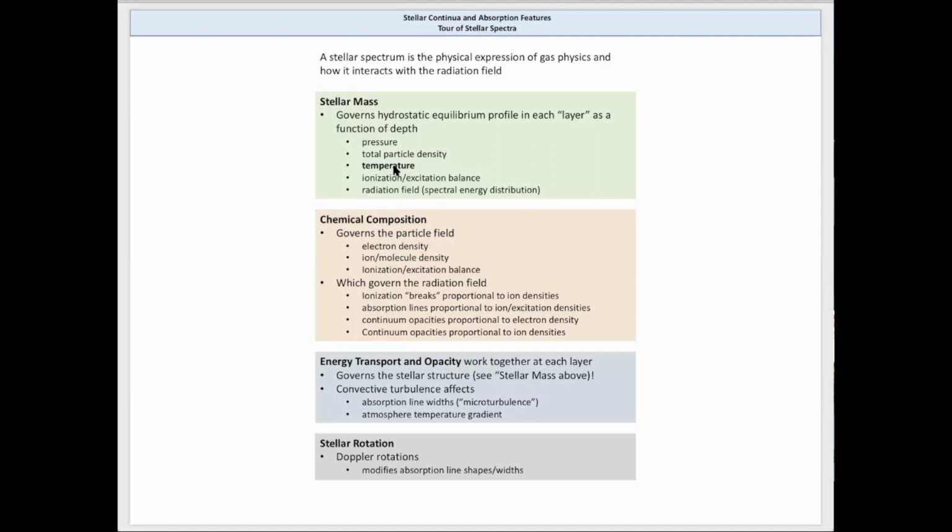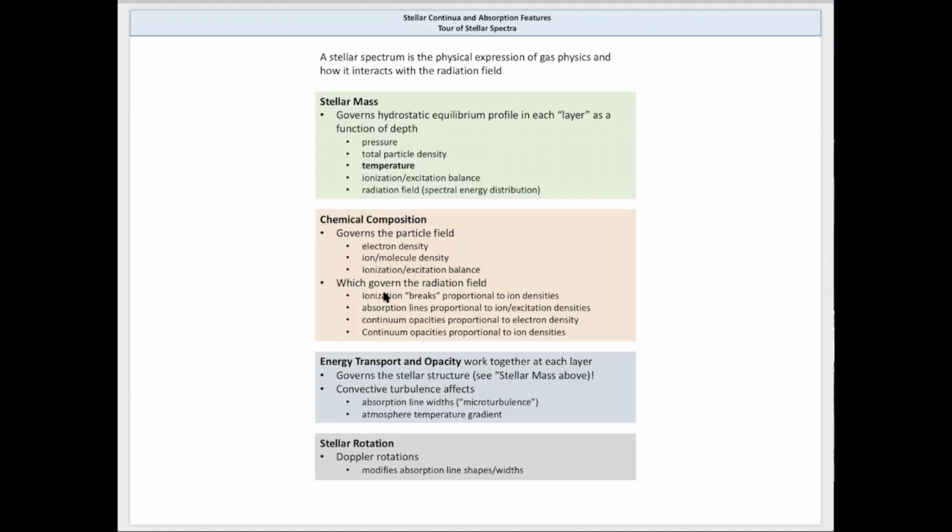And the ionizations and excitations tell you how many free electrons are in the gas. And that tells you something about what your magnetic field properties can be like when you have free plasma particles like that. Ion and molecular density, ionization, and excitation balance are all coupled in the particle field.